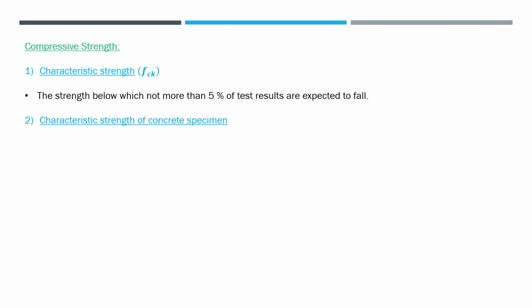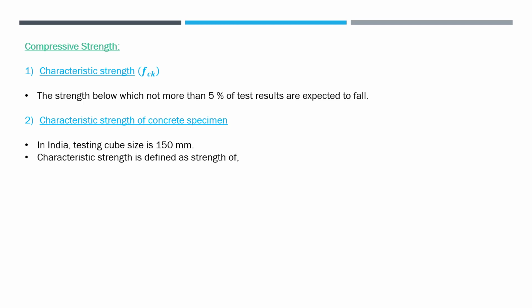Characteristic strength of concrete specimen. Test specimens are normally cubes or cylinders. In India, a cube of size 150 mm is considered as the standard specimen. Thus, the characteristic strength of concrete is defined as the strength of a cube whose h/d ratio is 1, where h is height and d is transverse dimension, a cube of size 150 mm under uniaxial compression, tested at 28 days of age.